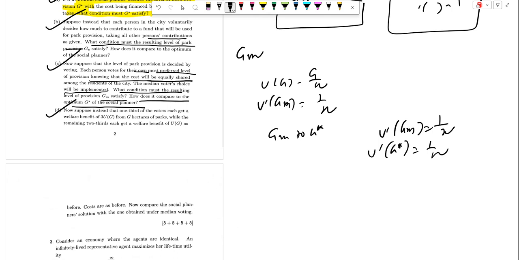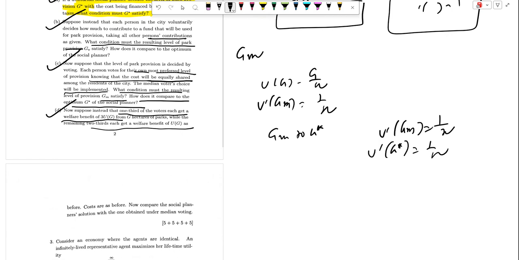Okay, done. Next, suppose that instead 1/3 of the voters each get a welfare benefit of 3U(G) from the G hectares of the park, while the remaining 2/3 get a benefit of U(G) as before. The costs are as before. Now compare.